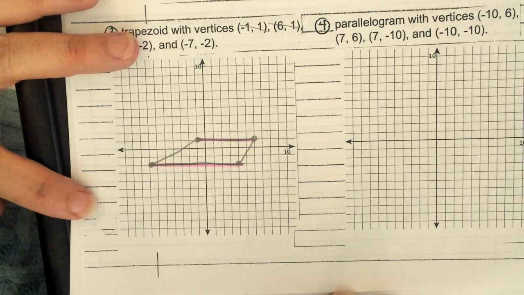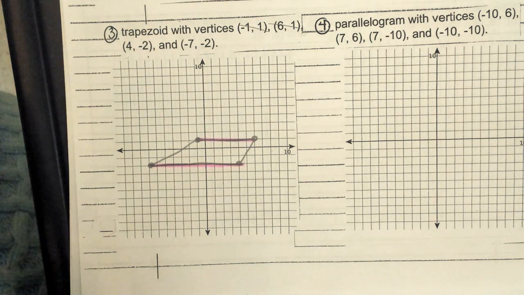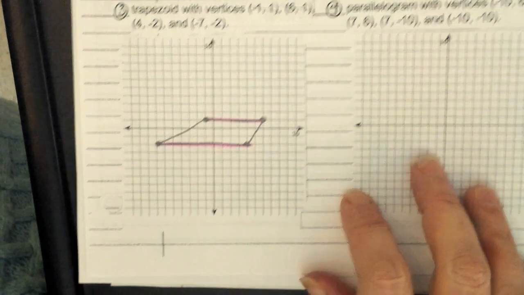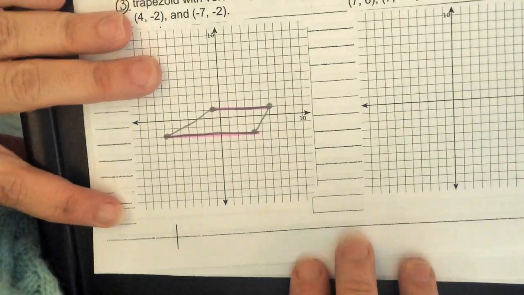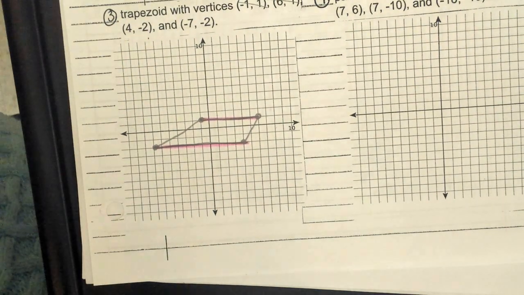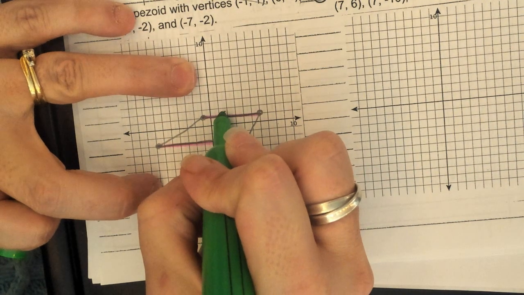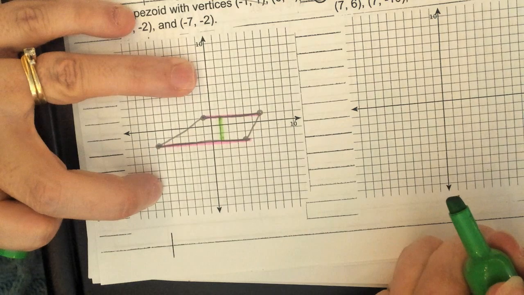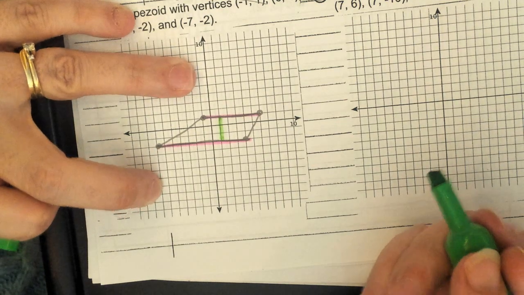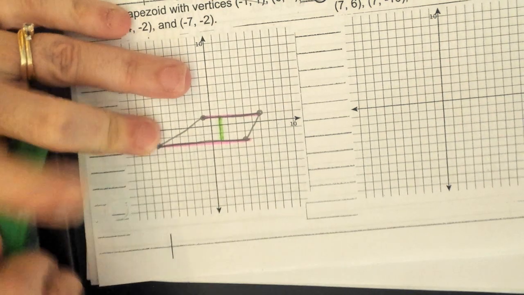Does that help a little bit? Okay. The height, though, listen, this is the trickier part. The height is not the length of one of these walls exactly. It is how far this pink line is from that pink line. Okay, so just kind of throwing that out there.